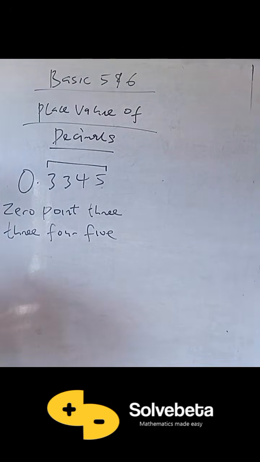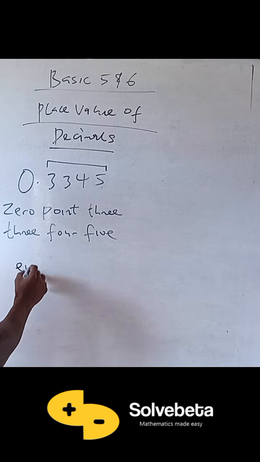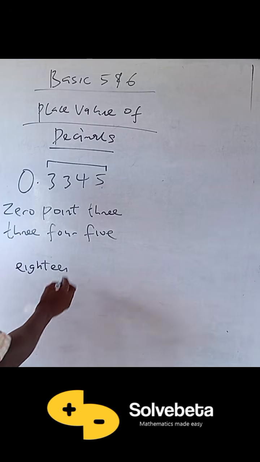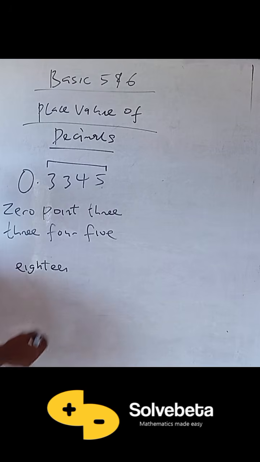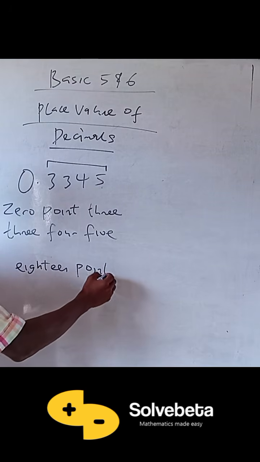So if you have this 18, if you have to write this in numerals, 18.005.